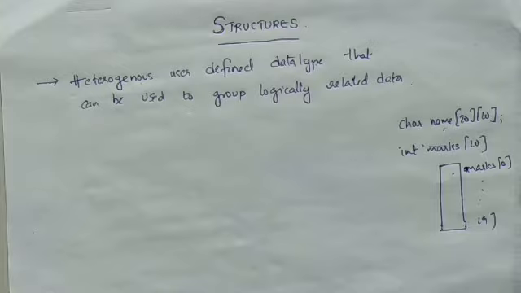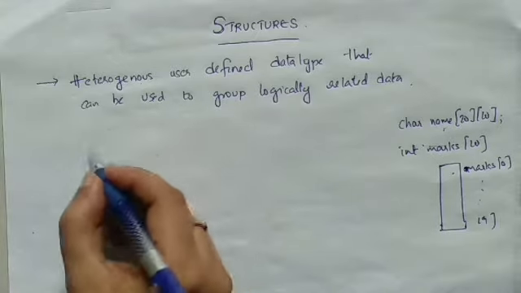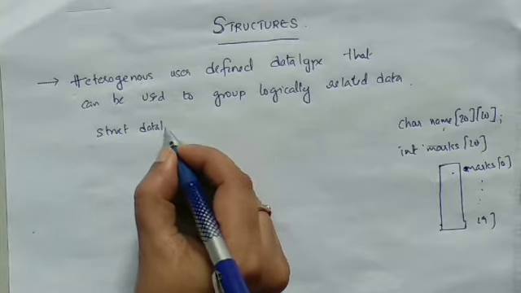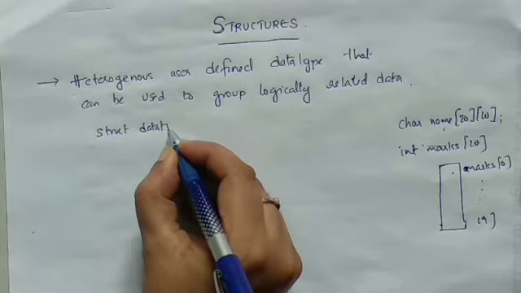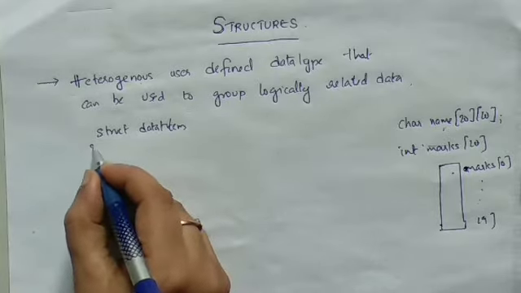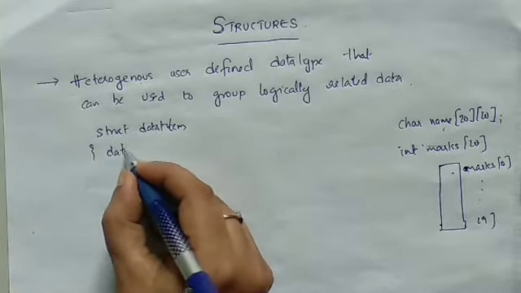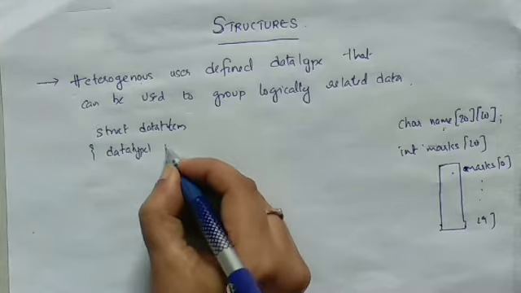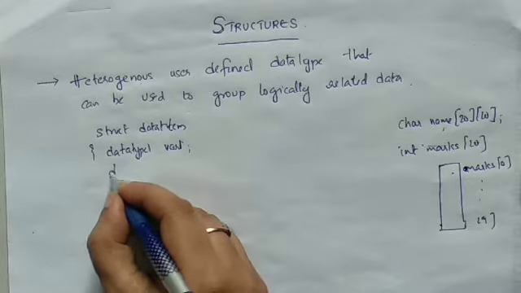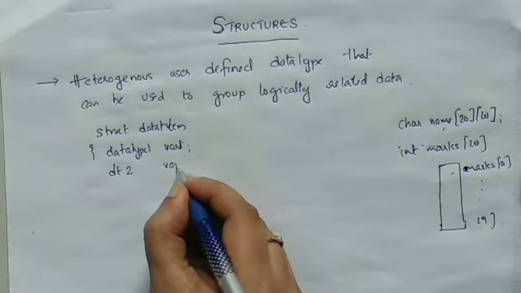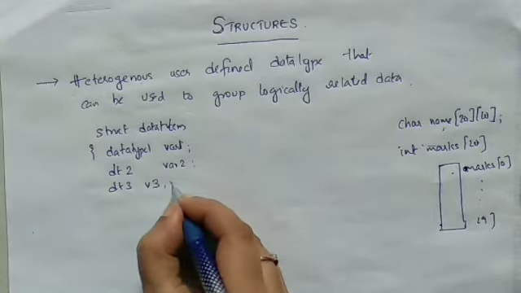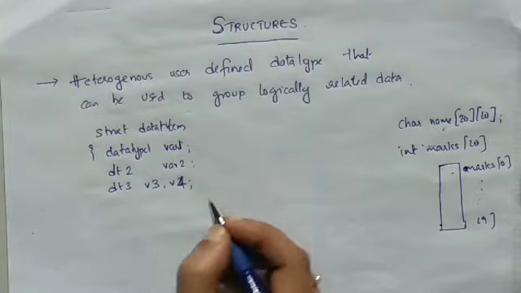How can you declare a structure? The syntax is: struct, structure name, open brace, data type 1 variable 1, data type 2 variable 2, or if you want you can have more than one variable of the same data type.